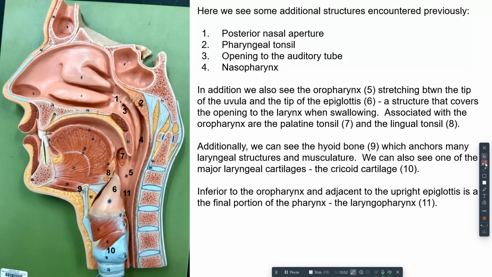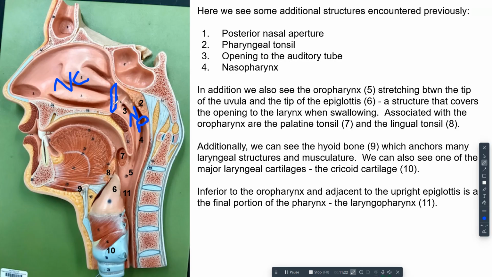If I am adjacent to my soft palate, so in between the orange lines here, that is going to be my nasopharynx. Where this orange line is right here, and I'm going to put a blue oval right there, that is where the nasal cavity connects with the nasopharynx.